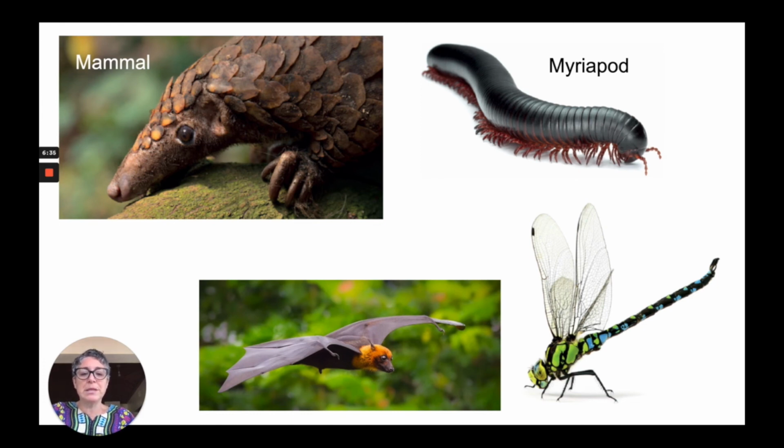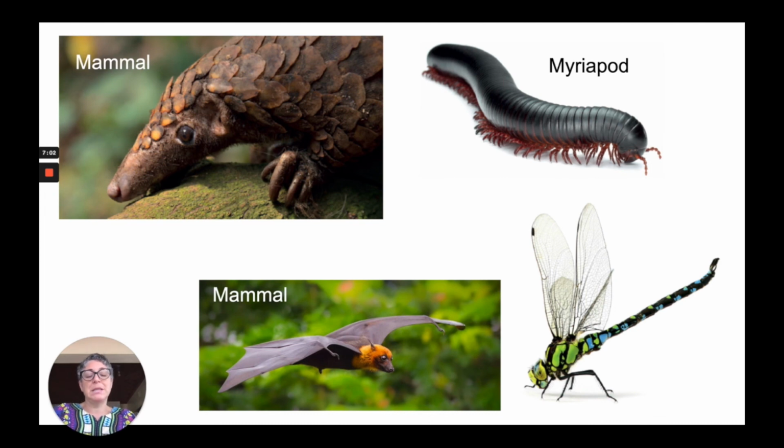The third organism that we have here has wings. So we might think, okay, it's a bird. But its wings are leathery, first of all, and also its body, if we look closely at its head, is covered with fur. So indeed, this is a mammal because its body is covered with fur, not feathers. And finally, we come to another arthropod, which, if we look at it, it has wings.